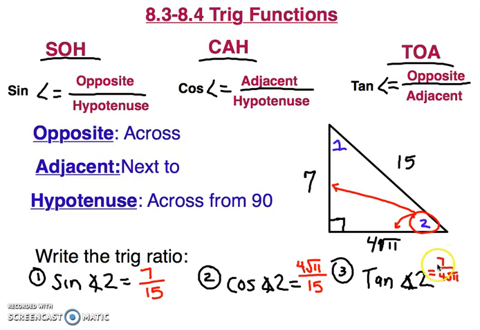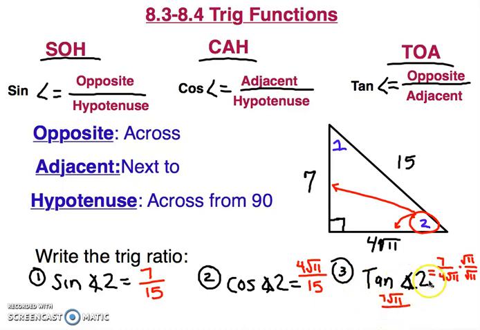There's a radical in the denominator, so we need to rationalize. We would multiply the top and the bottom by square root of 11. I'm going to write it down here so I have space. That would make it 7 square root of 11 divided by 4.